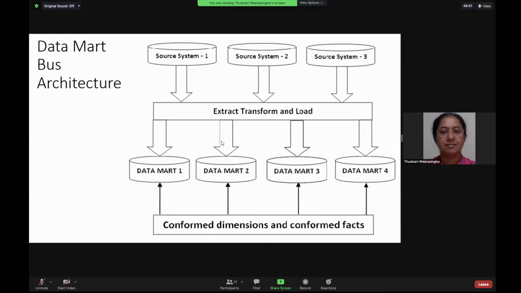If you think about the architectures of data marts, as I showed you earlier, different types of architectures can be there, dependent and independent data marts. Here you can have a bus architecture where you have a lot of data marts connected to the source systems, coming from the different departments, and when you want to analyze the data, you will have them in separate data marts.